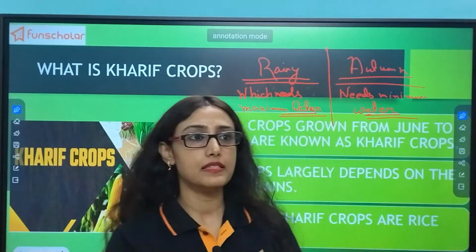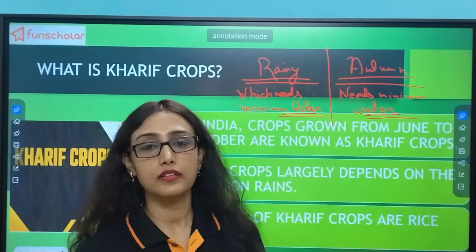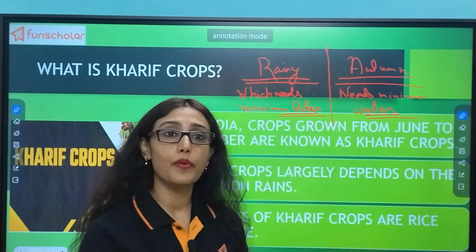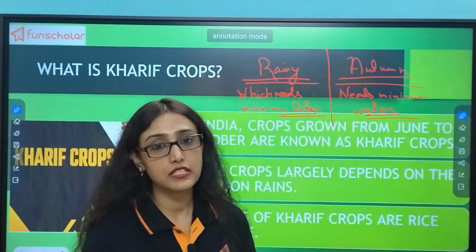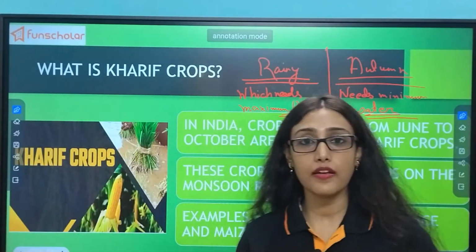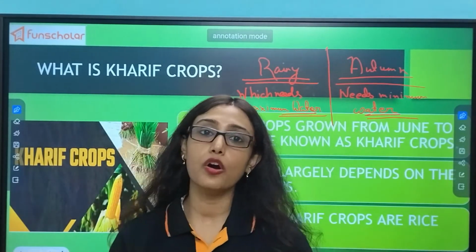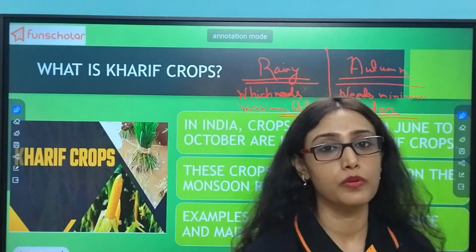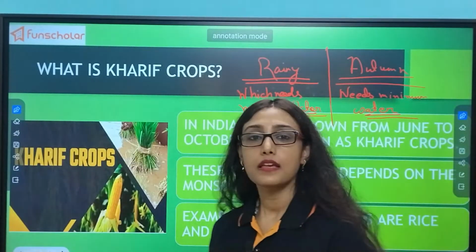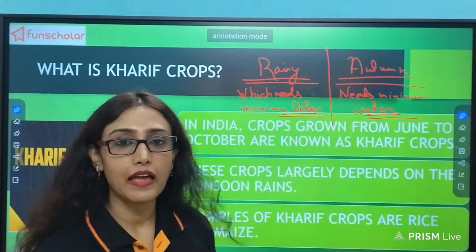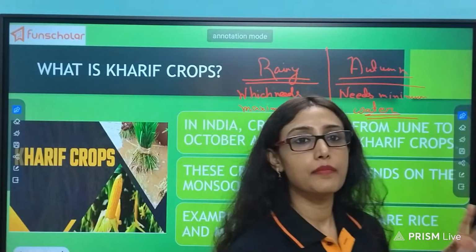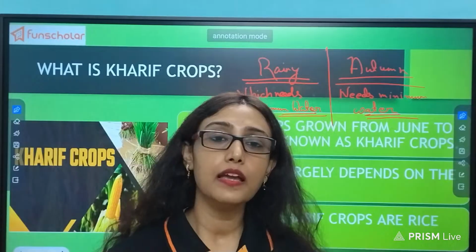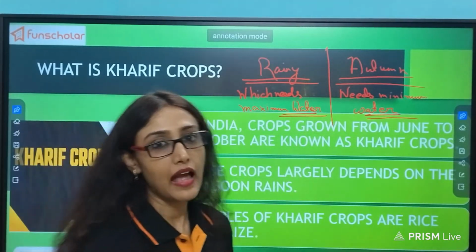If you get natural water, the process of irrigation is required less, and irrigation is too costly for every farmer to afford, because you have to provide the same amount of water to each and every plant. But if you plant in rainy time, every plant will get the same amount of water with the help of nature, and you won't need any extra effort.